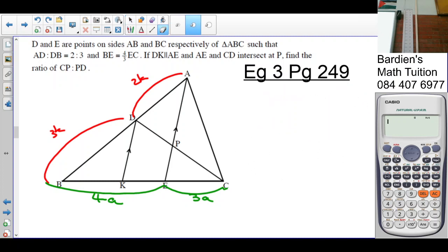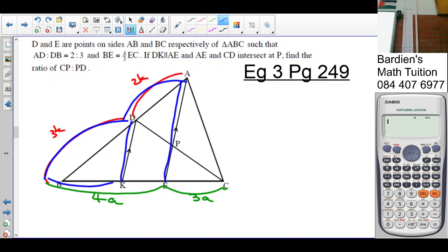Right, so let's carry on reading. Then we are told DK is parallel to AE. So if DK is parallel to AE, what do we know from here? We know that BD over AD is equal to BK over KE. Can you see the triangle with these lines being parallel?